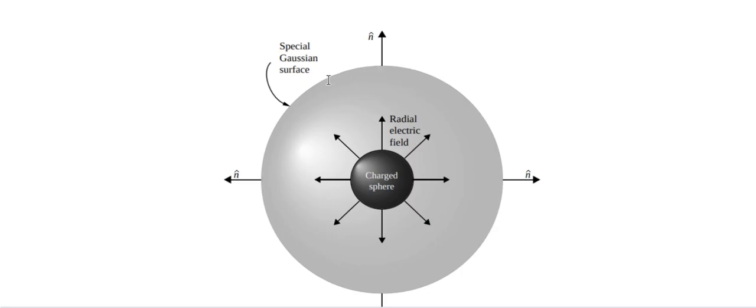And if you enclose that in a sphere, he's calling this surface the special Gaussian surface, which is showing that everywhere there's an electric field emerging from the surface, the unit normal vector is parallel to that. So that's how he's defining a special Gaussian surface, where every part of this, in this case, because it's a sphere, the unit normal is parallel to the emerging electric field lines.